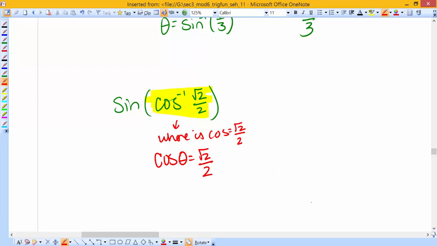We need to figure out where is cosine root 2 over 2. Now I'm looking at my unit circle, and there are a couple of places where the cosine is root 2 over 2. Quadrants 1 and quadrants 4.